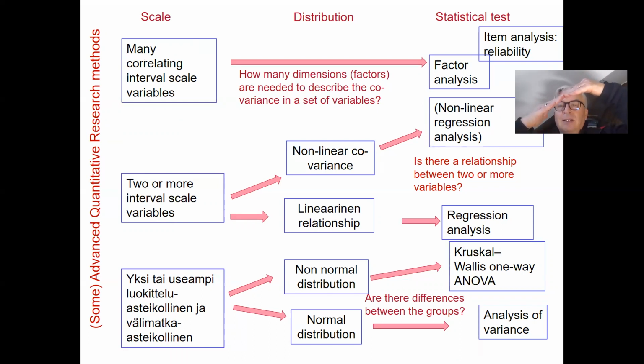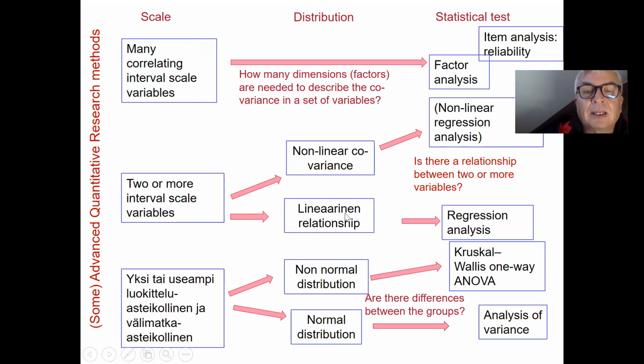Typically, in the case that we were talking about, the connection was linear, can be positive, negative, or flat line. But if it's nonlinear, it could be looking like an S or some kind of squiggle. And then we would try out nonlinear models of regression. We don't do that, I think, during this course or just in the very end of it, depending on how much time we have.